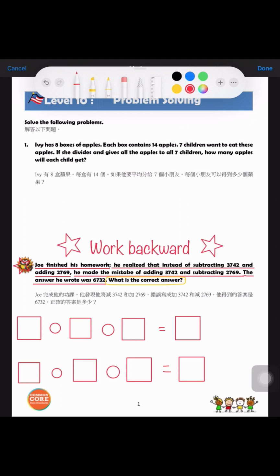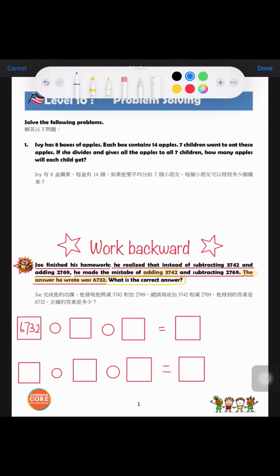For this, we may again use work backwards. So the final answer he wrote is 6,732. So we may start by 6,732. So he made a mistake of adding 3,742.